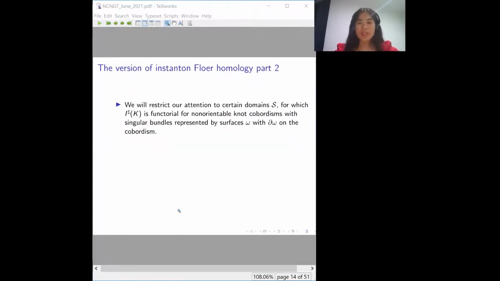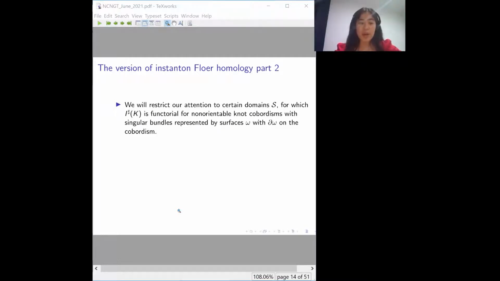So we will be restricting our attention to certain domains S for which I sharp of K is functorial for non-orientable cobordisms. In order to capture the information we want about these non-orientable cobordisms, we also want to choose S so that cobordisms with more complicated singular bundles also define maps.